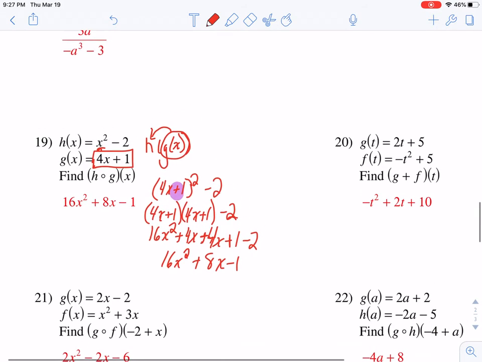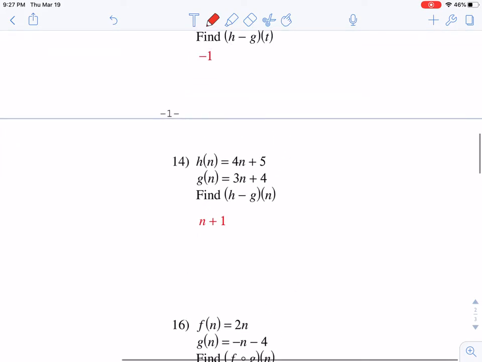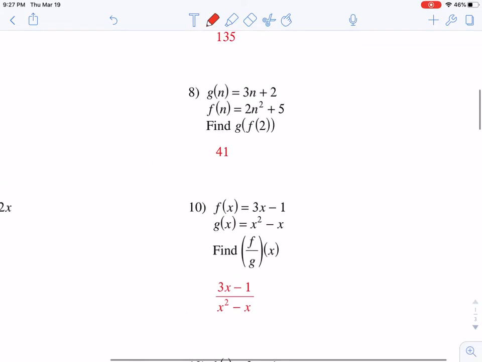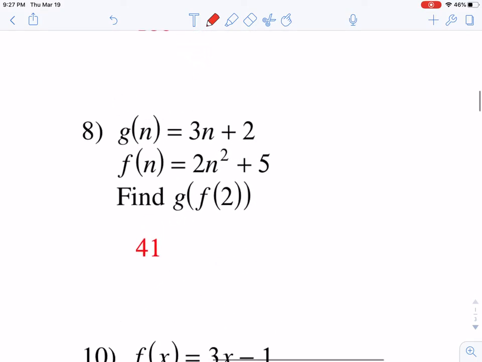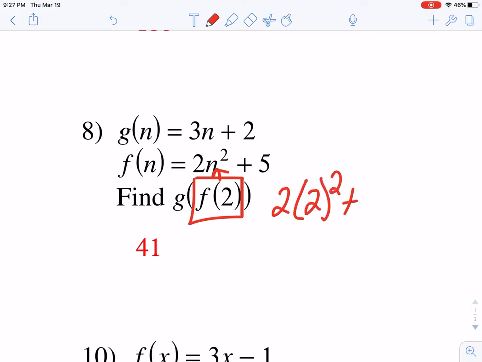Something similar, but dealing with numbers: scrolling up now to number 8, we've got this g of f of 2. So now we have a number. And again, we want to go from the inside to the outside. So I'm going to take f of 2 first. I'm plugging in 2 for that function. And remember, exponents go first, so I need to simplify this first.